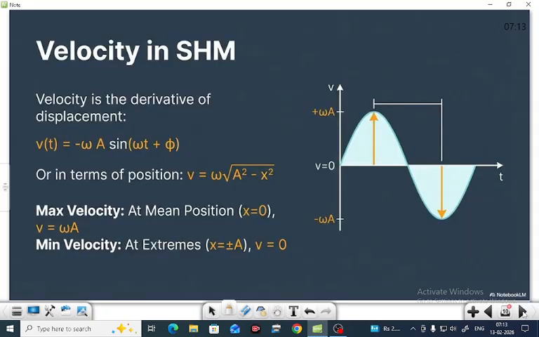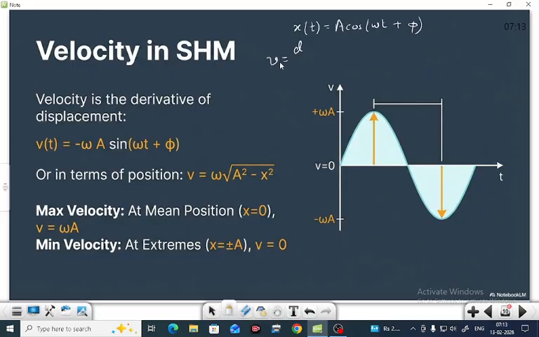Now you see the velocity in simple harmonic motion. How to get the velocity? Velocity is the derivative of displacement. We have x(t) equal to a cos(omega t plus phi), and to find the velocity we take dx by dt.